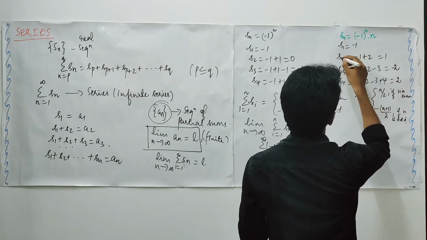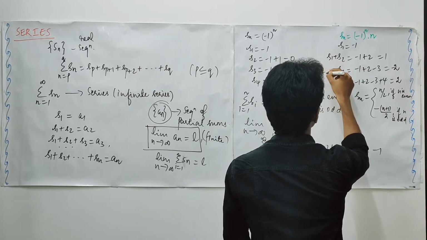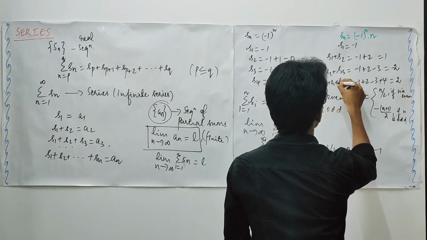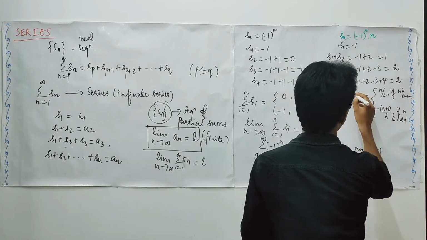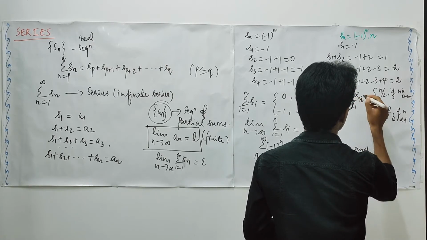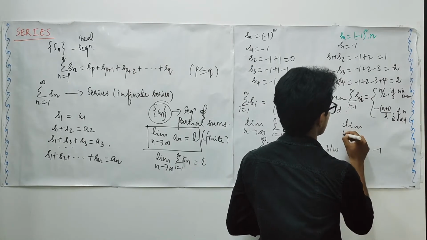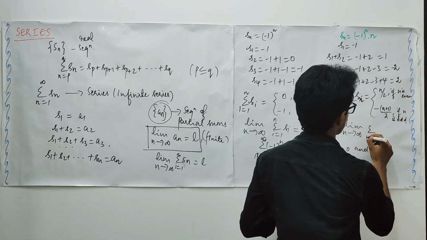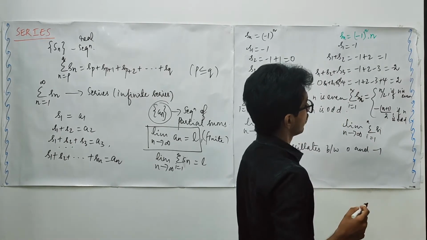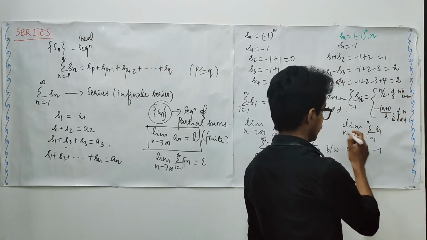Actually, this is not Sn; this is S1 plus S2, S1 plus S2 plus S3, S1 plus S2 plus S3 plus S4. Therefore, summation i runs from 1 to n is this quantity, and when I take the limit, what is going to happen? The sum will be either infinity or minus infinity.